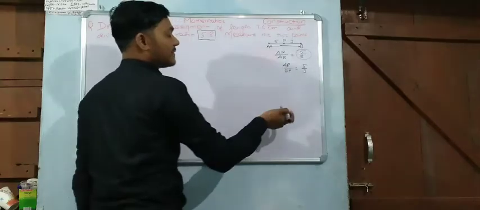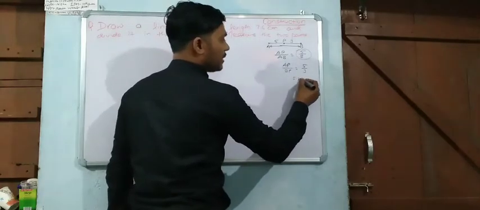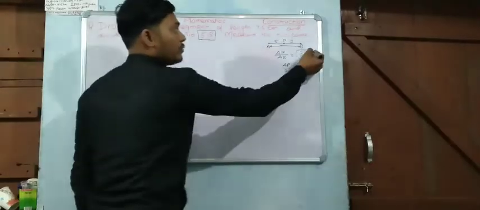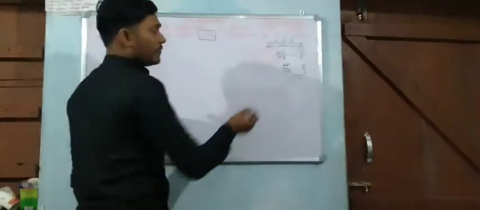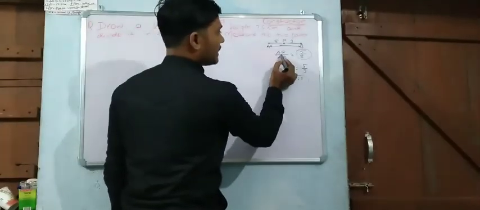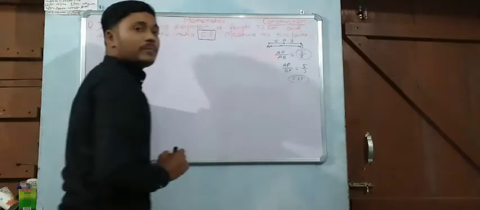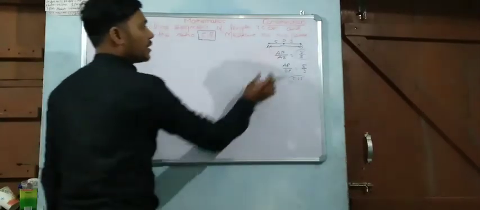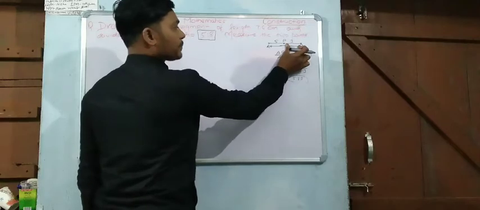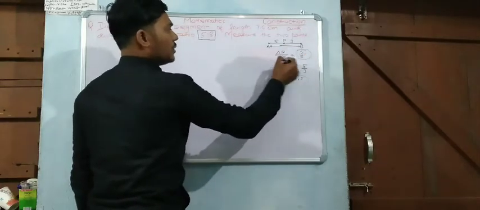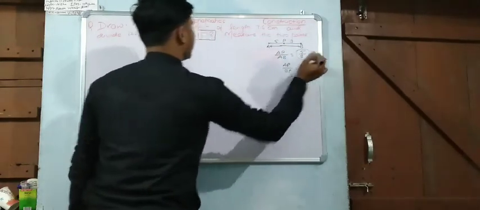Don't do 5:8, because AP upon AB is given, not AP upon PB. Keep this in mind.